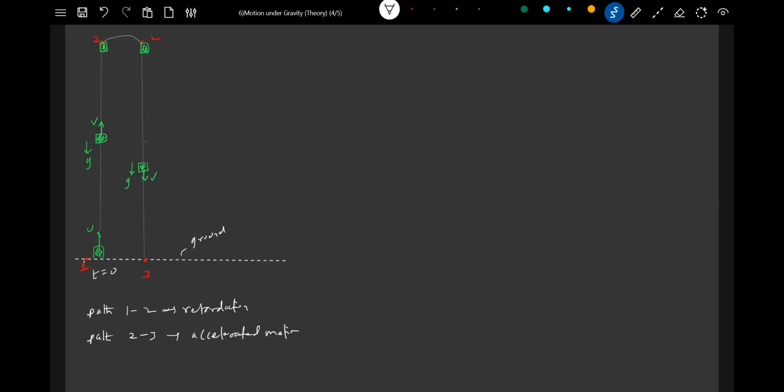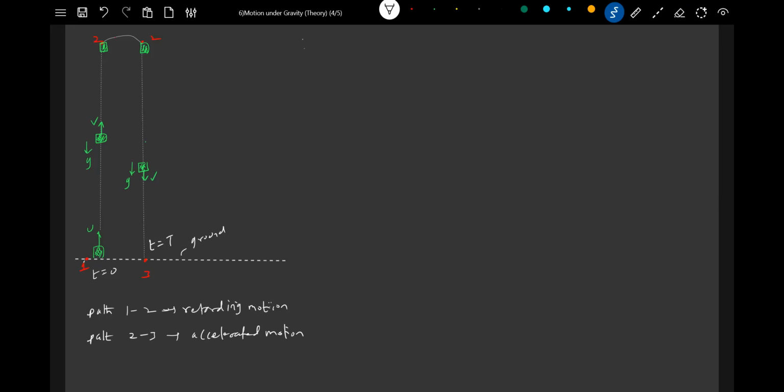Accelerated motion, I will write it, and retarding motion. Okay, let's write. Again, it will descend back and take total time t. So I want the time of flight of it.